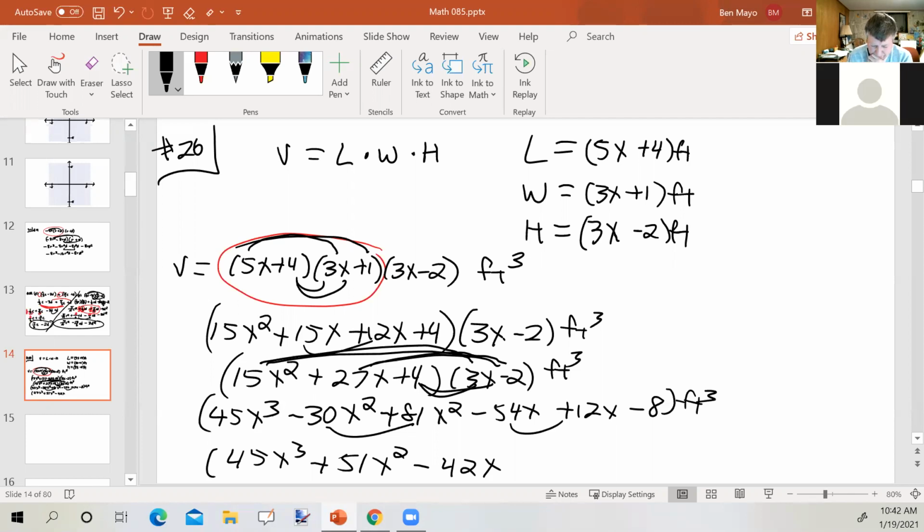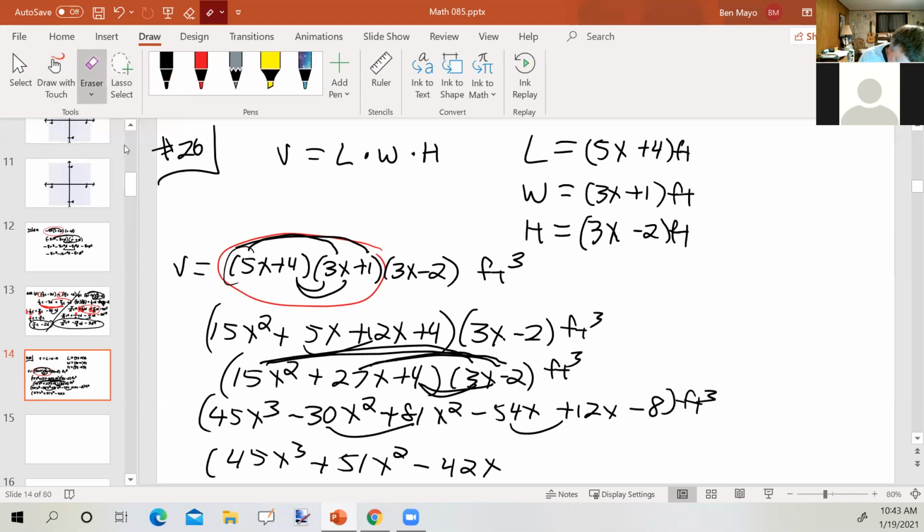Wouldn't the 15x be 5x instead? Because it's 5x times 1, at the very top. So it's 15x squared plus 15x, but shouldn't the 15x be 5x? Oh, I see. Yes. So I must have read this as a 15. That's my excuse anyway. Thank you.